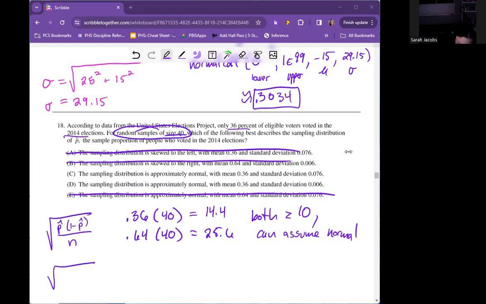In this particular case, we're going to say 0.36 times 0.64, got those from here, all over 40. When we do that, we get about 0.076. So that leaves us with C. That's our answer. Good.